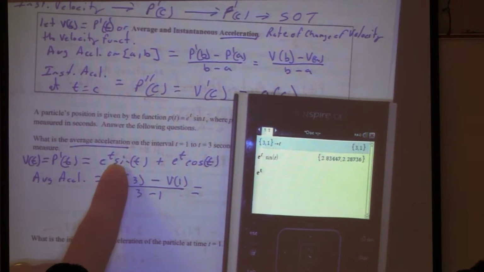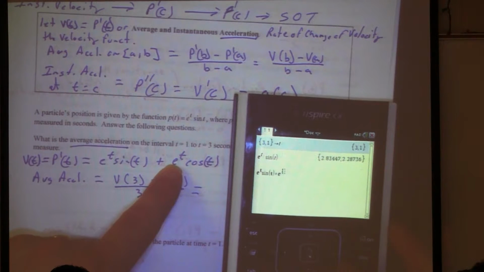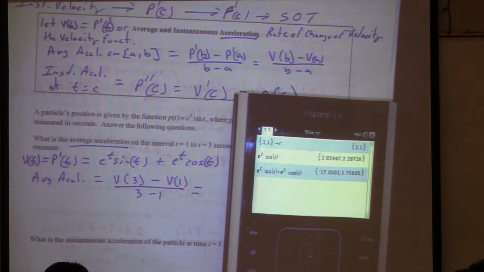So e to the t sine of t, plus e to the t cosine of t, right? And we get these two values.